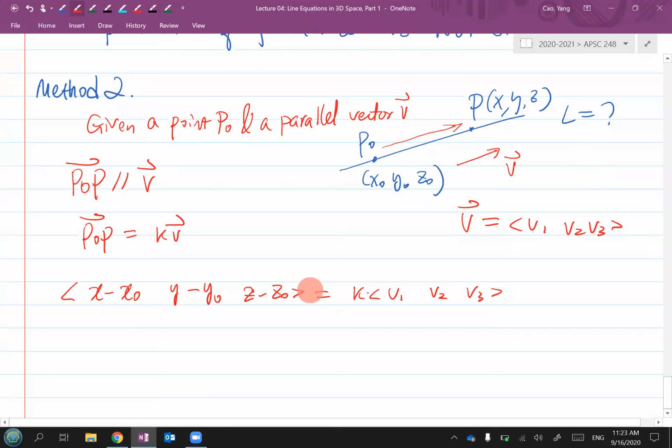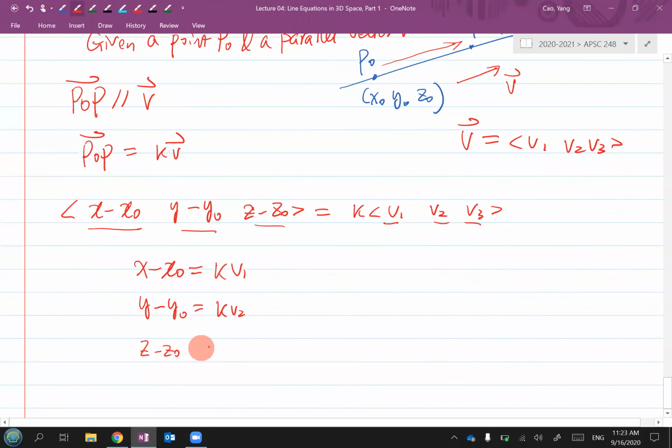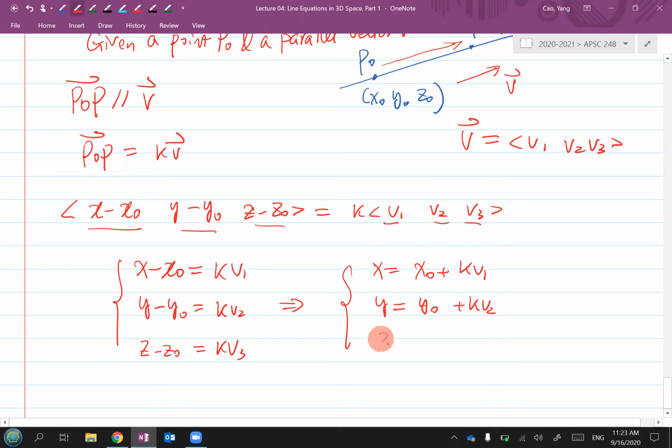Two vectors equal to each other is equivalent to each one of the components being equal. So you get X minus X naught equal to KV1, Y minus Y naught equal to KV2, and Z minus Z naught equal to KV3. Moving these things to one side, you have a set of equations that look like this.